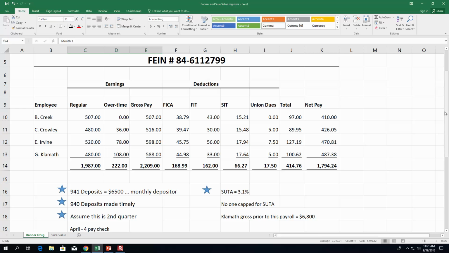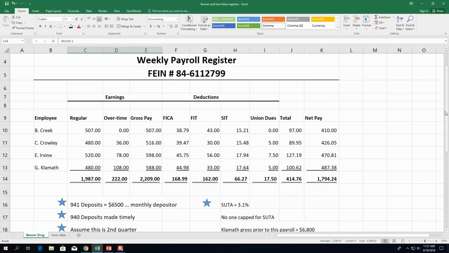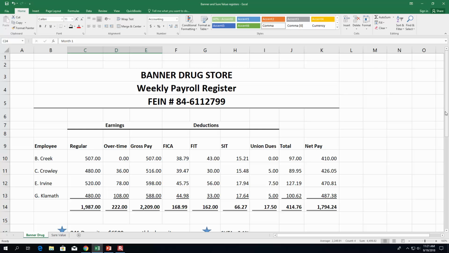Okay, so it looks to me like we've got a drugstore that they pay weekly, that they've got 4 employees, and that they are in a state that pays income taxes, right? Because they've got SIT.